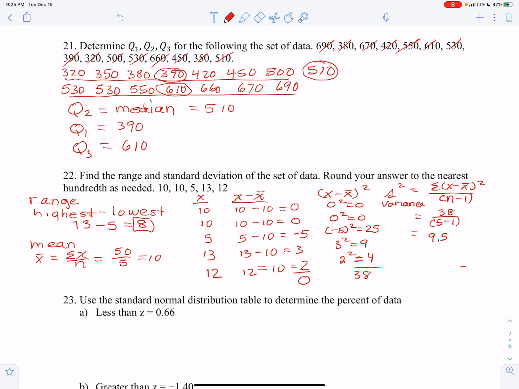So that's the variance. The standard deviation is the square root of this.